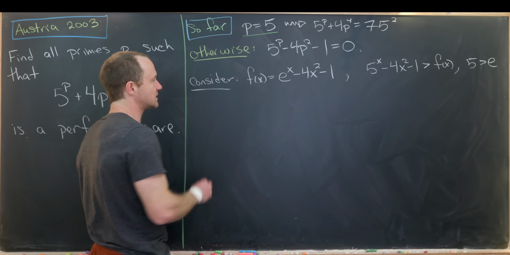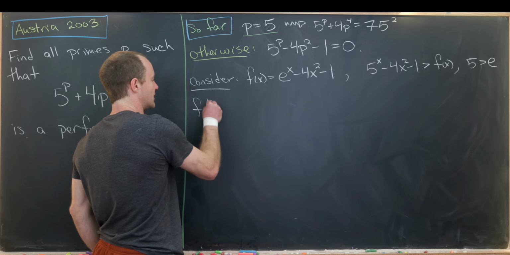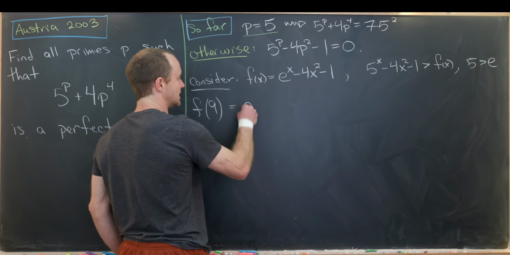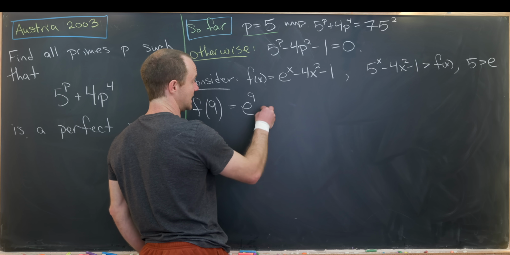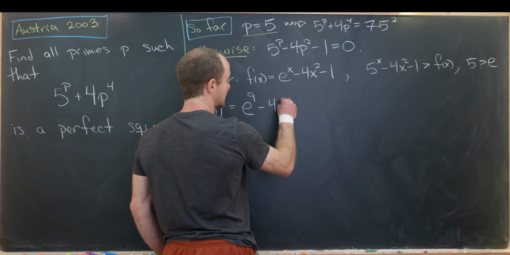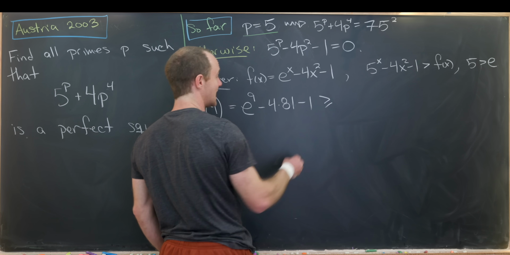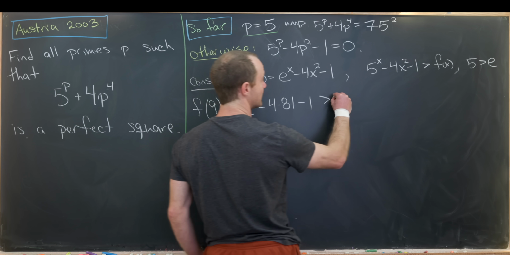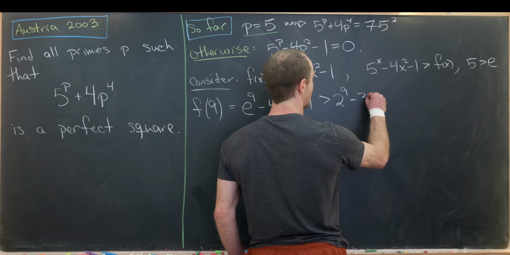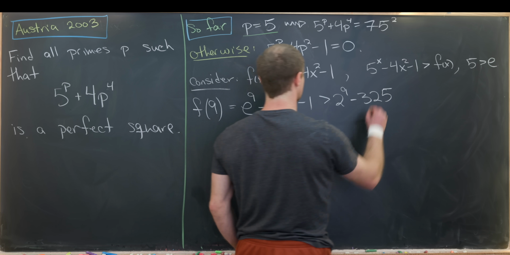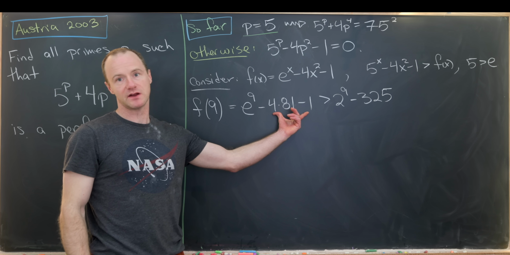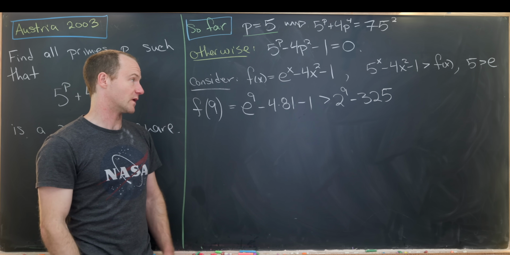Okay, so let's also notice that f evaluated at 9 is going to be equal to e to the 9 minus 4 times 81 minus 1. But that itself is strictly bigger than 2 to the 9 minus 325. So this number right here is 325, just by the way.